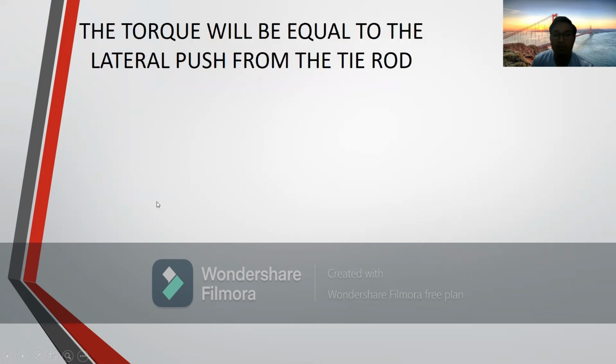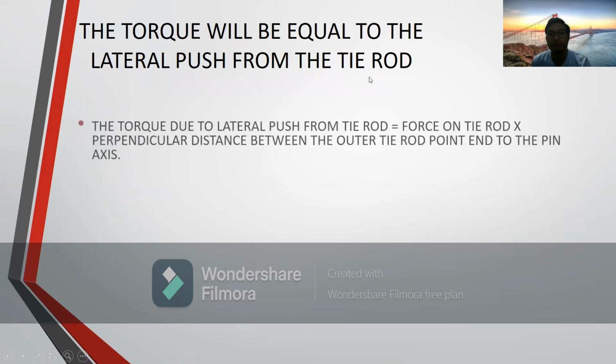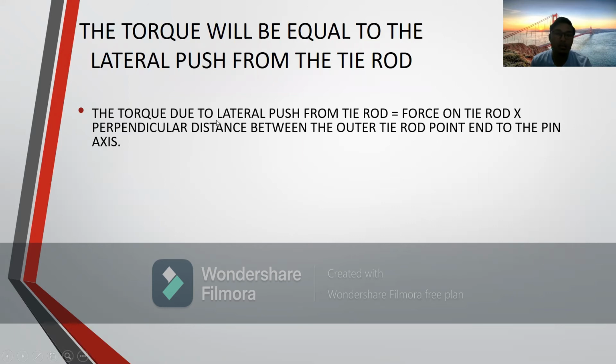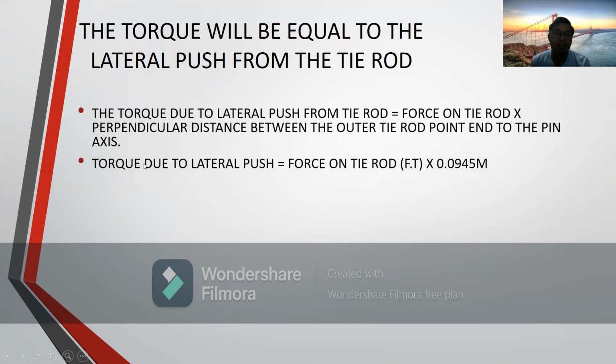The torque will be equal to the lateral push from the tie rod. The torque due to lateral push from the tie rod is equal to force on tie rod times the perpendicular distance between the outer tie rod point and the pin axis, which is 0.0945 meter.